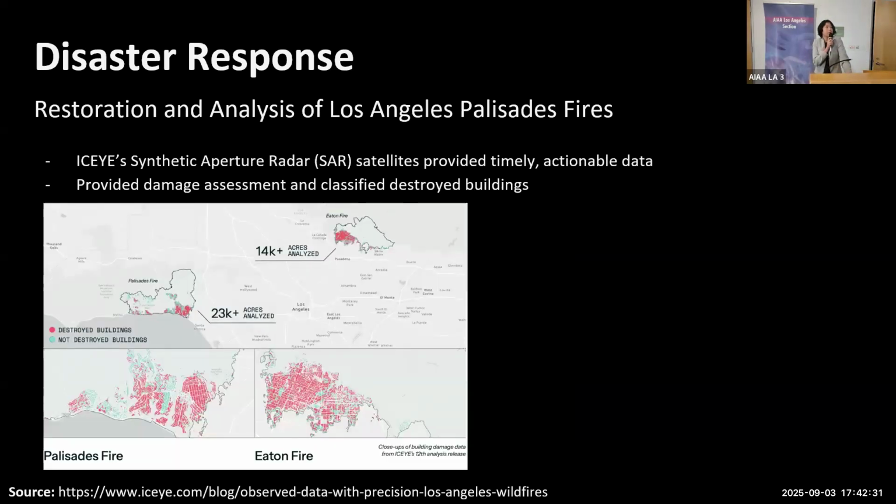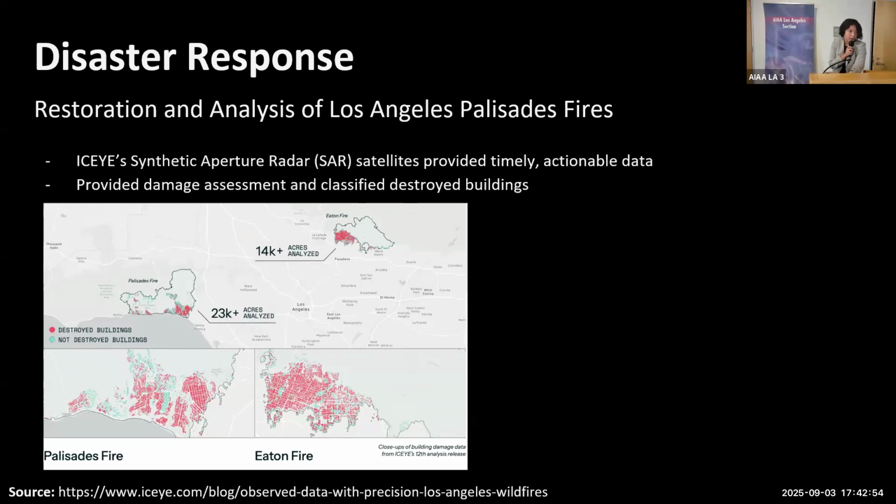Another interesting application of Earth observation satellites is for disaster response. And this is a very recent example with the restoration and analysis of the Los Angeles Eaton and Palisades fires that occurred earlier this year. I'm sure many of you had families or were directly impacted by the fire yourselves.